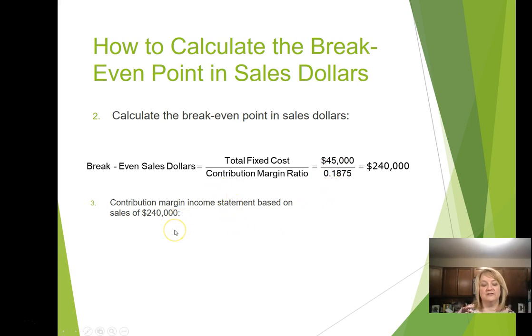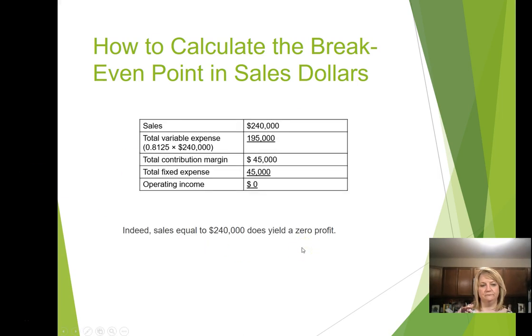Contribution margin income statement based on sales of $240,000. Here it is nice and neatly in a table. So indeed, sales equal to $240,000 gives you a 0 profit. So that's what they would have to sell in order to come to 0.